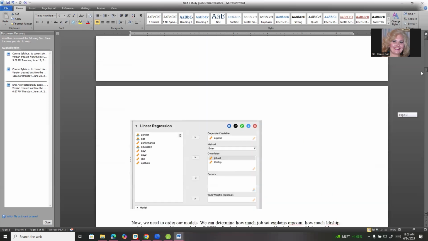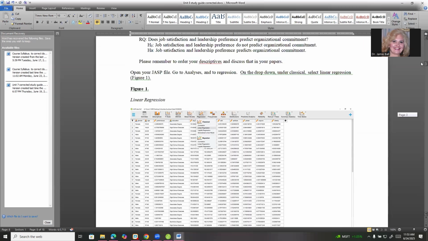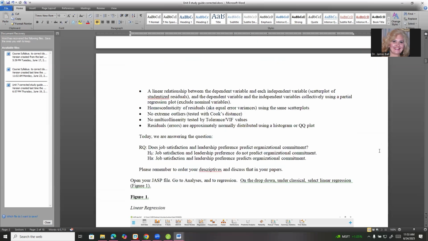The null hypothesis states that job satisfaction and leadership preference do not predict organizational commitment. Well, we can reject the null, but we have to qualify that. Only job satisfaction helps predict organizational commitment at 31.4%.